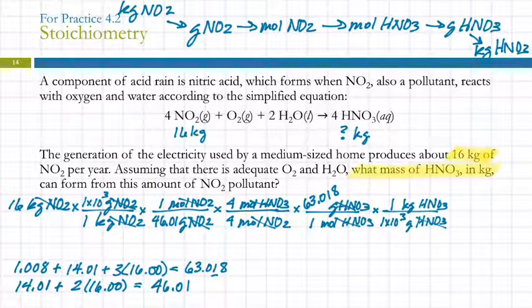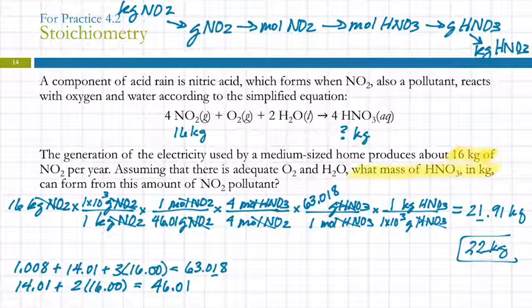I should have 2 sig figs from the starting number. I'm getting 21.91 kilograms, which would round to 22 kilograms. Any questions?